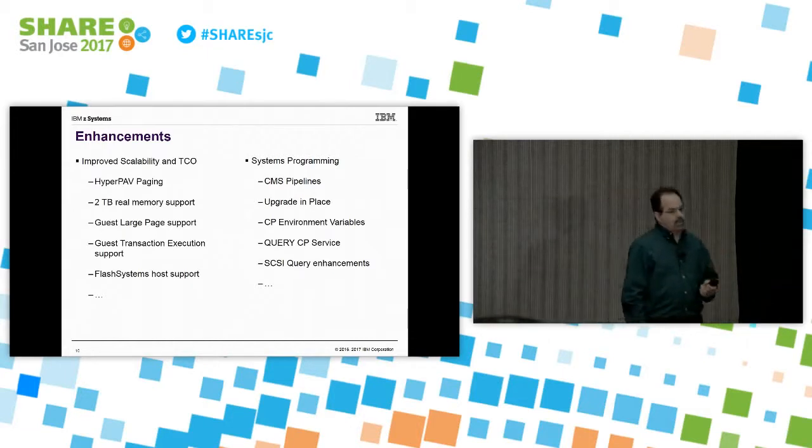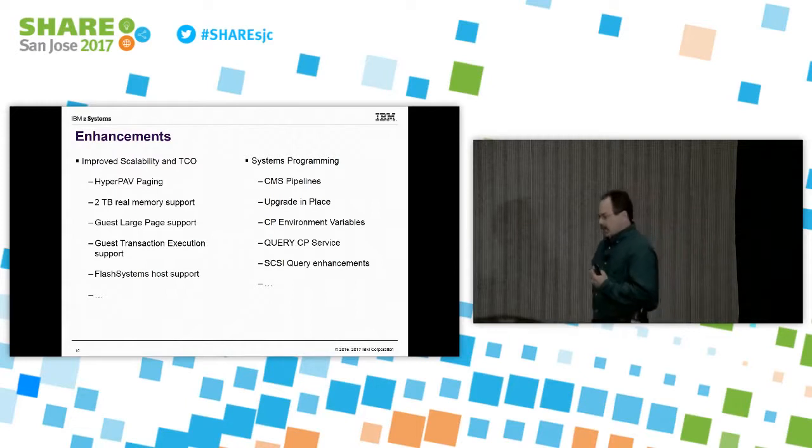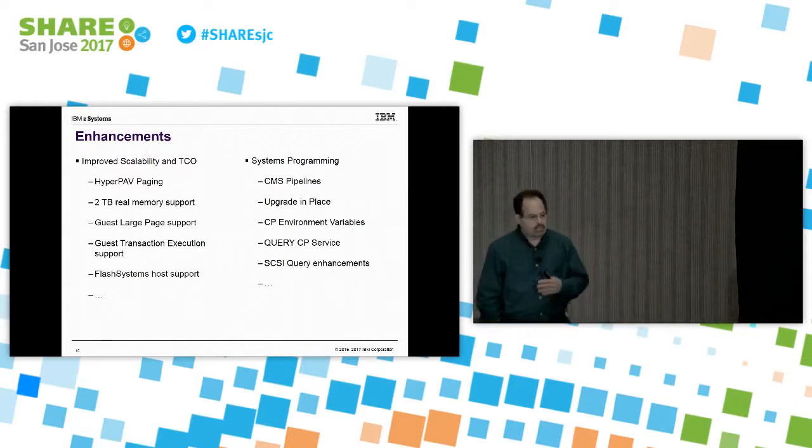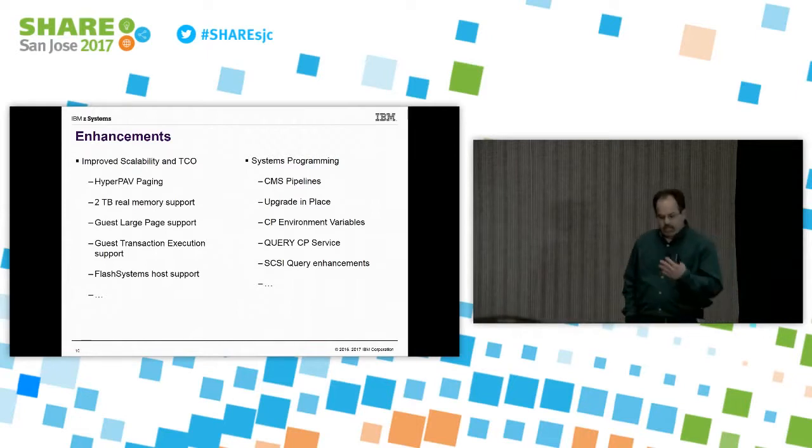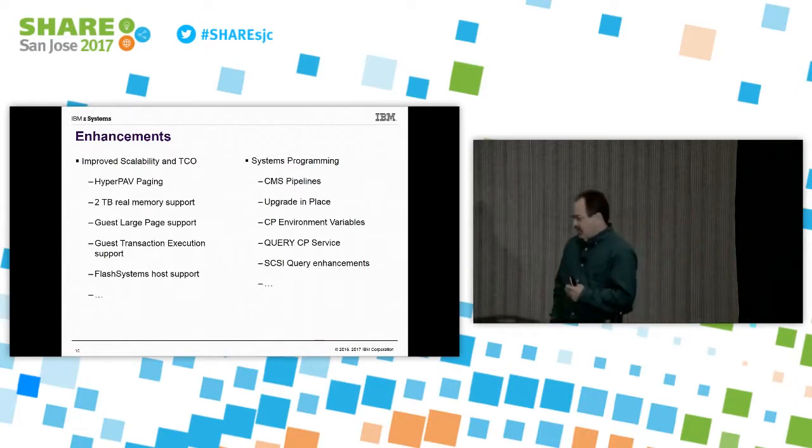For systems programmers, Bill talked about the CMS pipelines enhancements. I'm not really going to talk about those in this presentation, but they will help you: significant enhancements to the pipelines functions that are available.